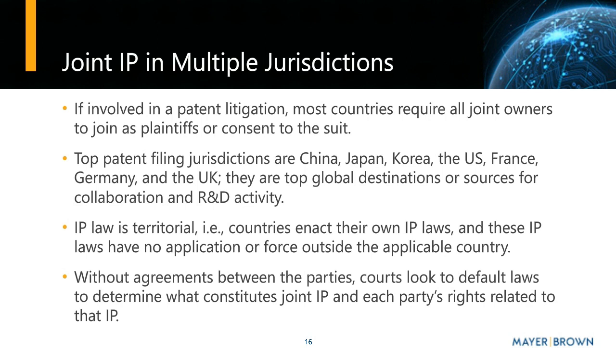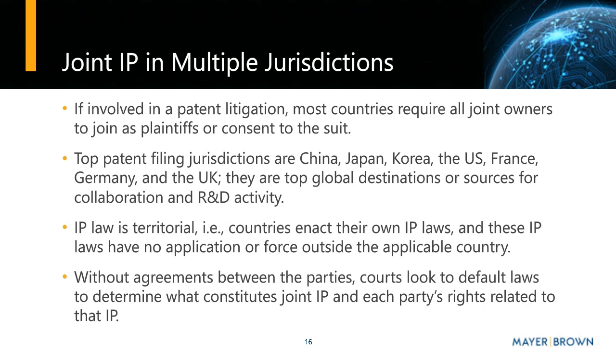Because IP law is territorial, meaning countries enact their own laws, and these IP laws have no application or force outside the applicable country. Therefore, management of jointly owned IP can be made a bit more clear where the ownership rights of each party are allocated among different fields of use or territories. So if that's an option, I definitely recommend taking that option.